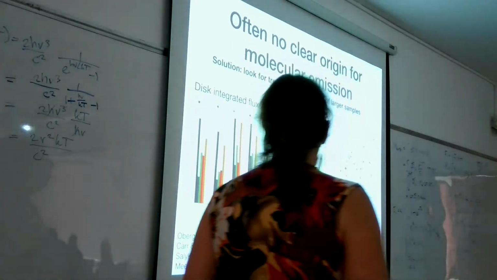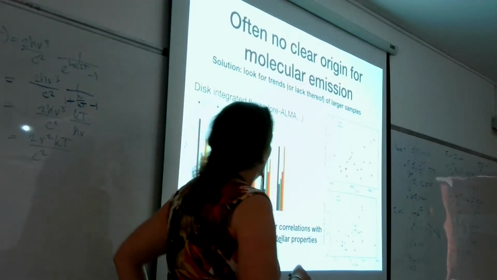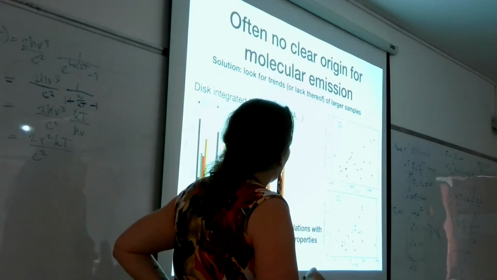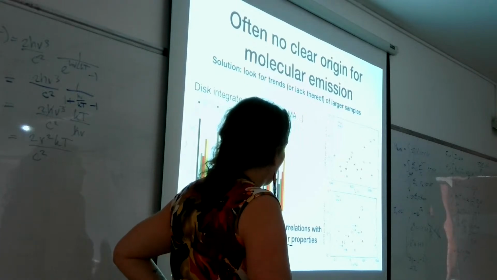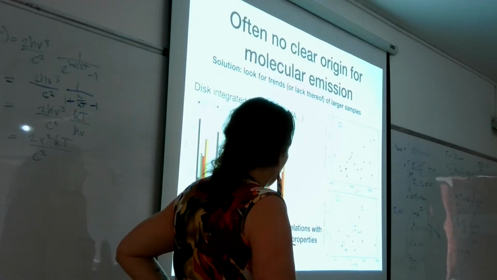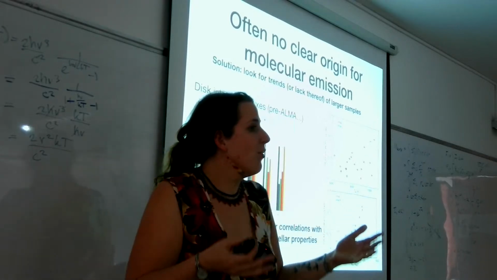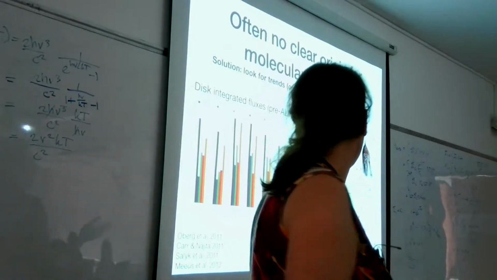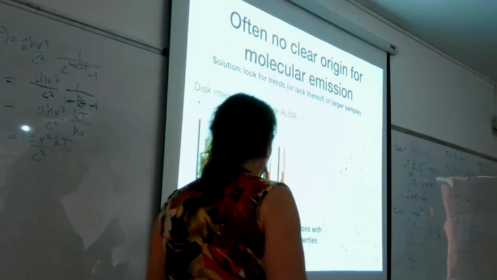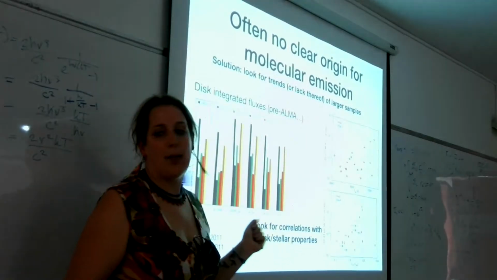And also correlations with, for example, the disk or stellar properties. Like here they look at the O I line, there's some trend here with the stellar temperature. Also here, there may be a trend with UV luminosity of the star, so that may tell you that line is excited based on UV luminosity. So this is just something that you often see in these chemistry studies.